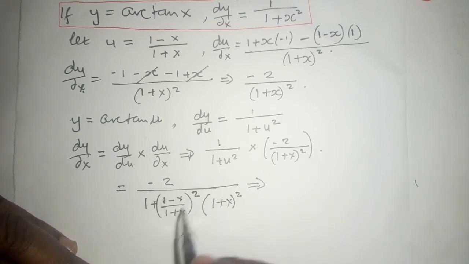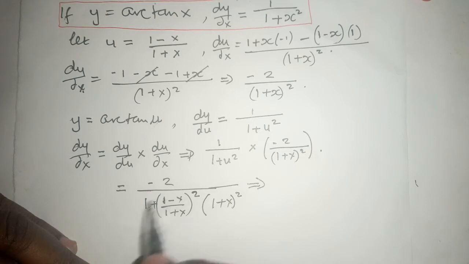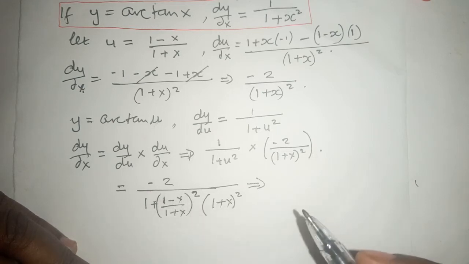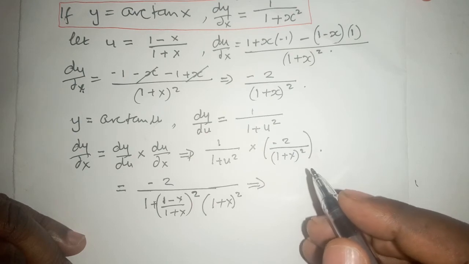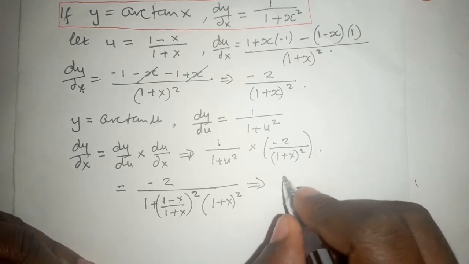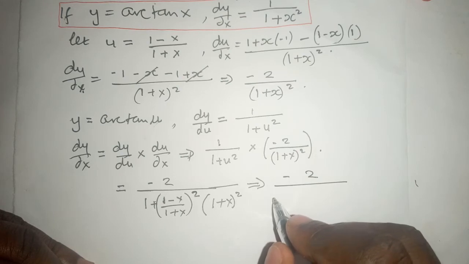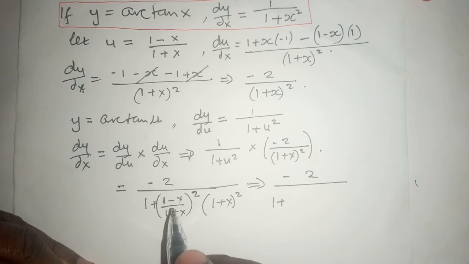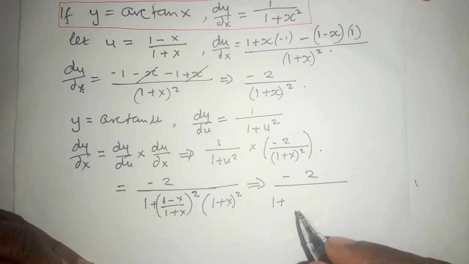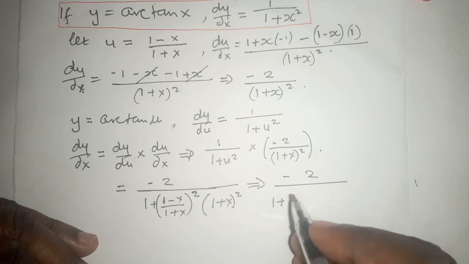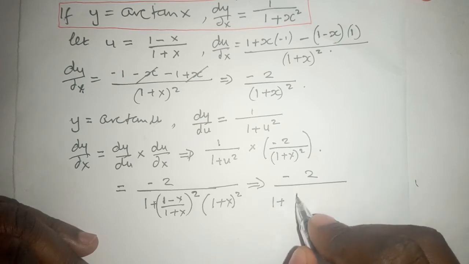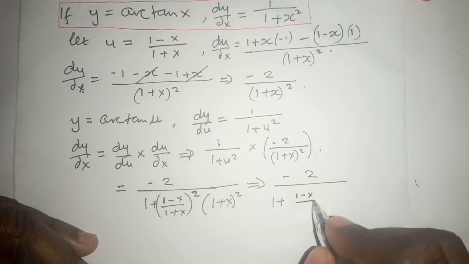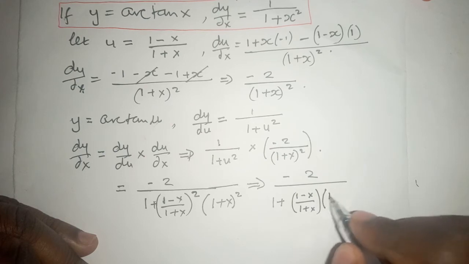So we have to take great care of this denominator, because at the end of the day, it's going to be minus 2 all over 1 plus, and we may expand this for the sake of clarity: (1 minus x) over (1 plus x) multiplied by (1 minus x) over (1 plus x).